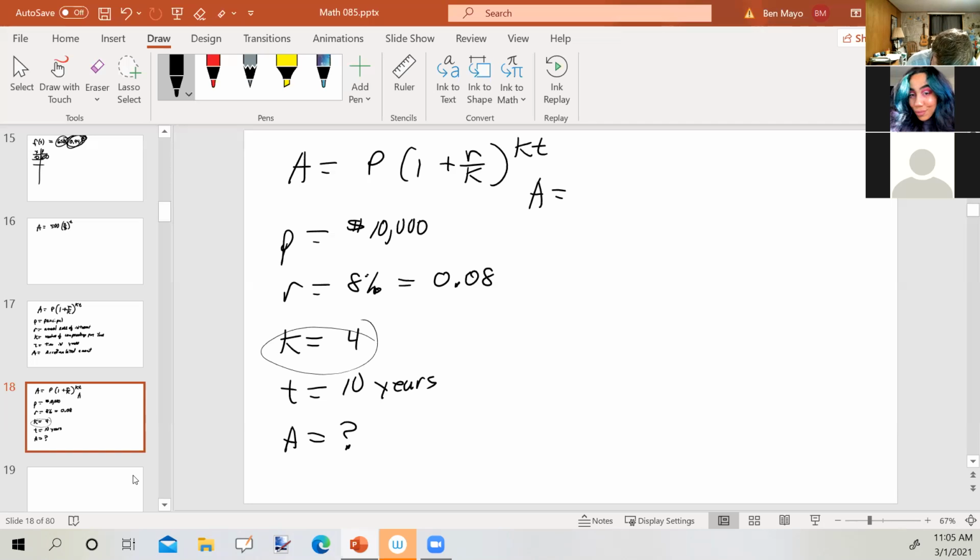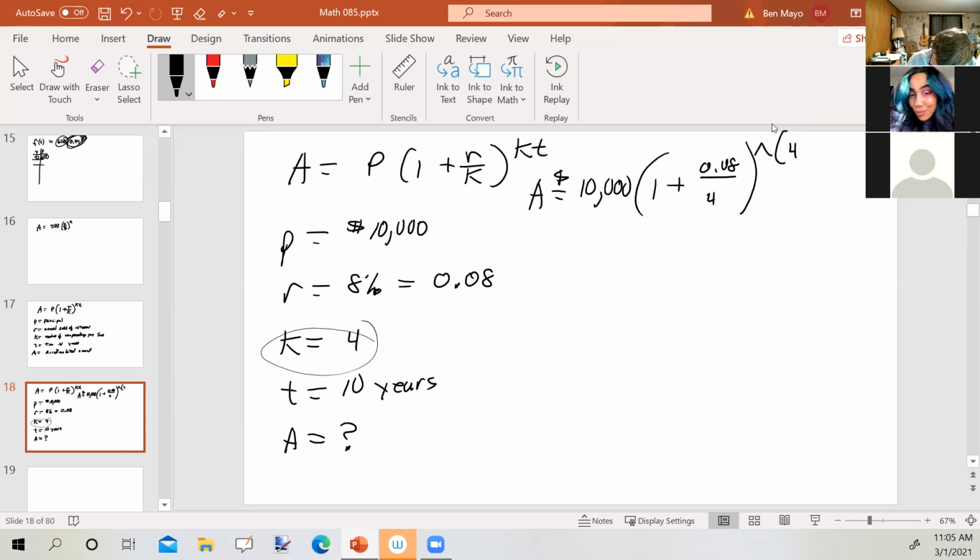A equals 10,000 times 1 plus 0.08 divided by 4 raised to the 4 times 10 power. Now, you can put all this into your calculator at once.